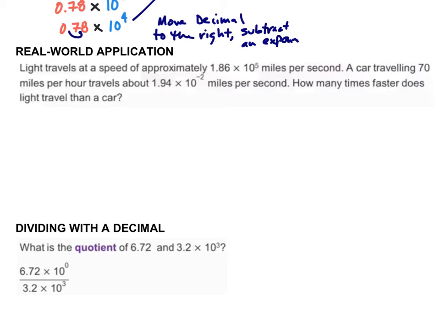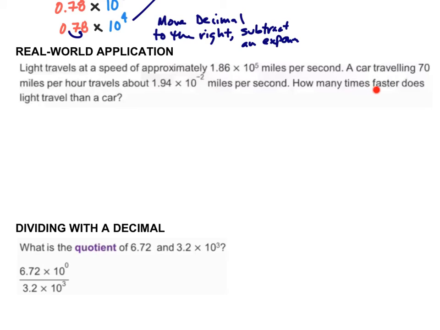So every second it travels this many miles, which is really fast. A car traveling 70 miles an hour travels at 1.94 times 10 to the negative 2 miles per second. If you're going 70 miles an hour, you're going about a mile per minute, so in terms of seconds, you're not going that fast.